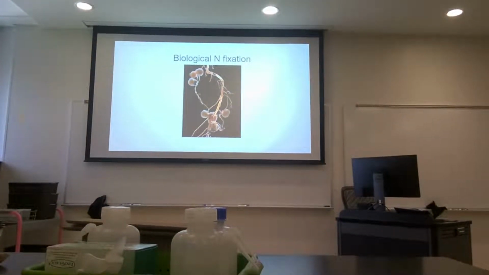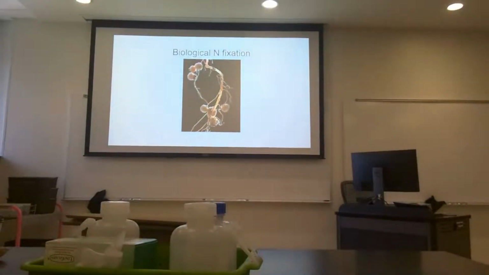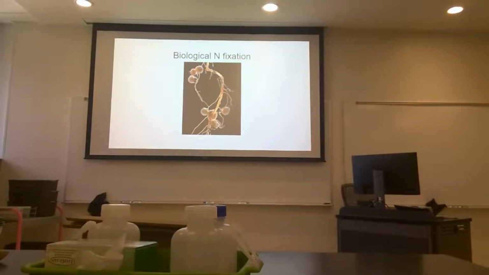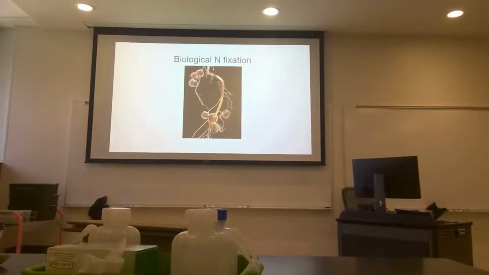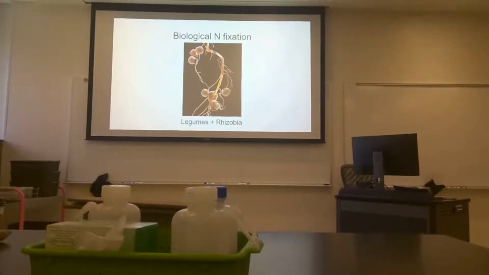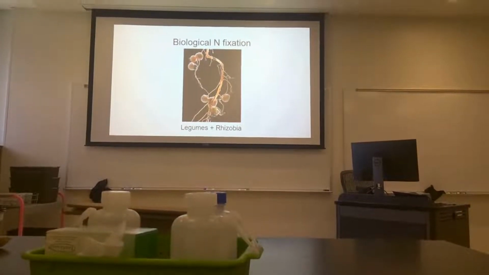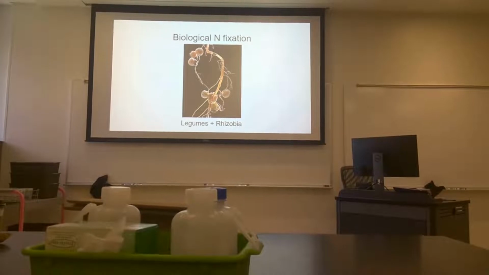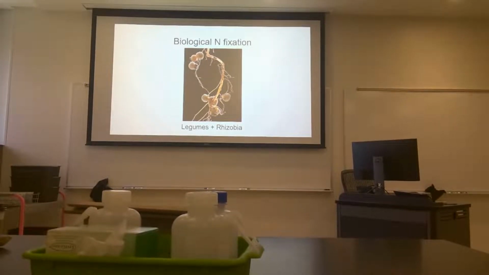If you ever pull a root plant and it looks like this, you will have these little balls. Do you know what these balls are? Nodules, right? And this is very specific for rhizobacteria and legumes.